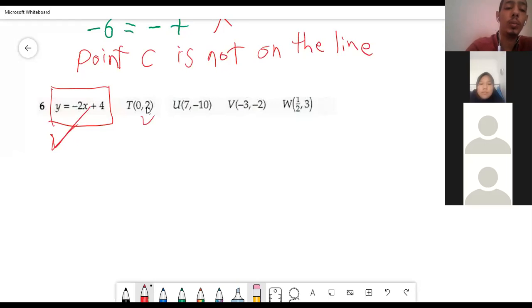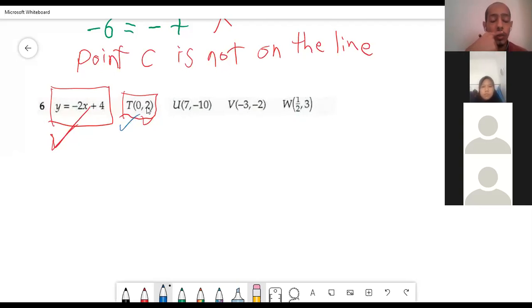So for example, this point, let's substitute the values of this point into the function. What is the value of x and y with the point t? This is point t, right?